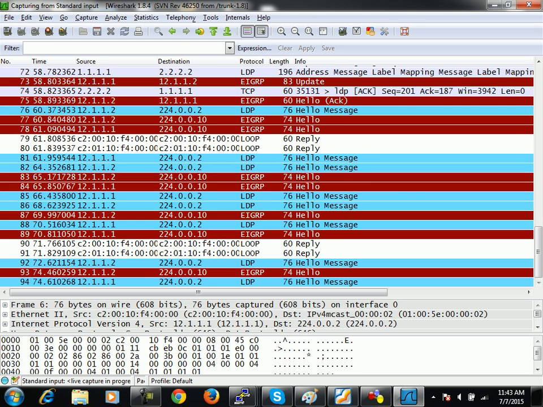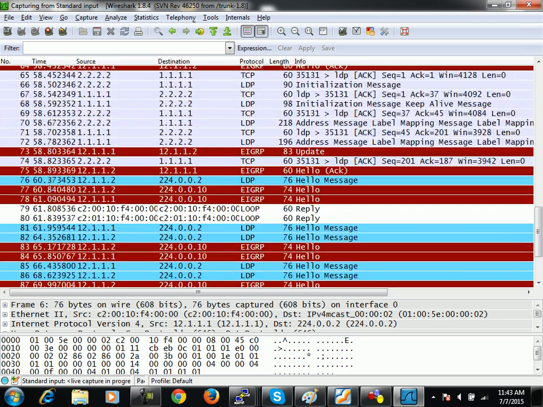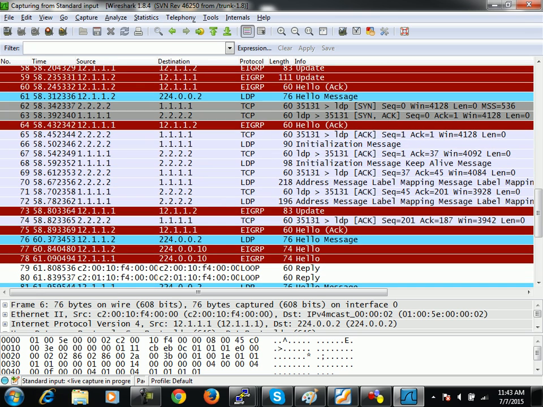Hellos are coming from 12.1.1.x, but actually the TCP session was formed using IP addresses 1.1.1.1 and 2.2.2.2, because they have been configured and elected as their transport addresses.